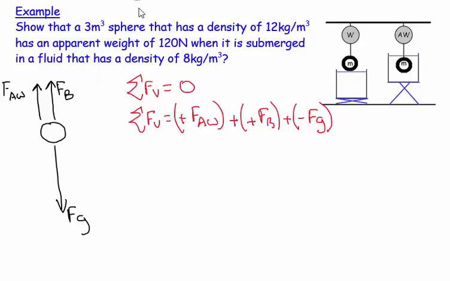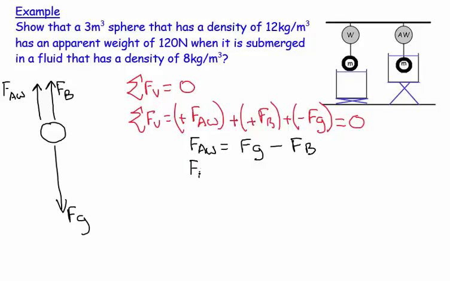And those added together must equal 0 because there's no acceleration vertically. So then I can say my apparent weight is going to equal my Fg minus my Fb.